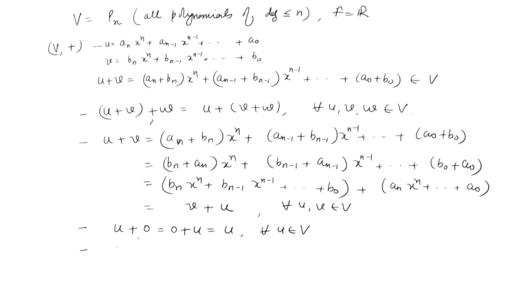You can simply say that if you take u plus v is equal to v plus u equal to 0, this implies v is minus u for every u belongs to V. So, for every u there exists an additive inverse. It satisfies commutative property, associative, closure. So, this means with respect to plus it is an abelian group.